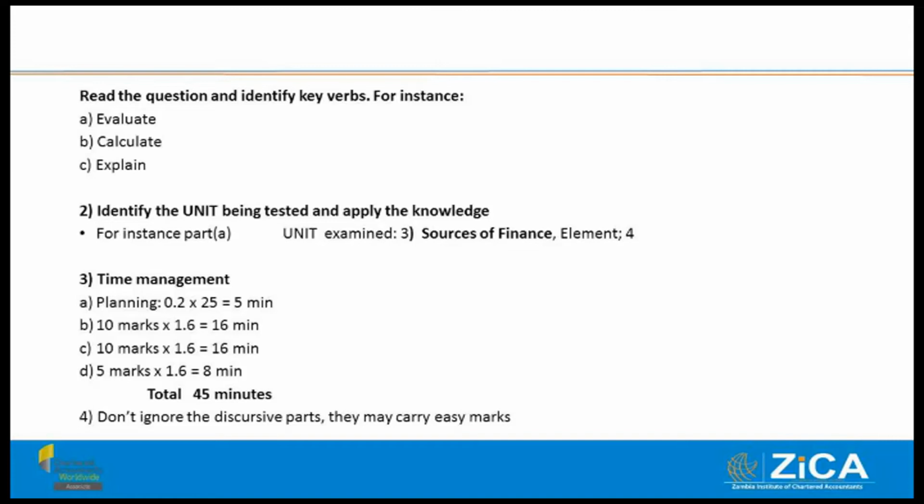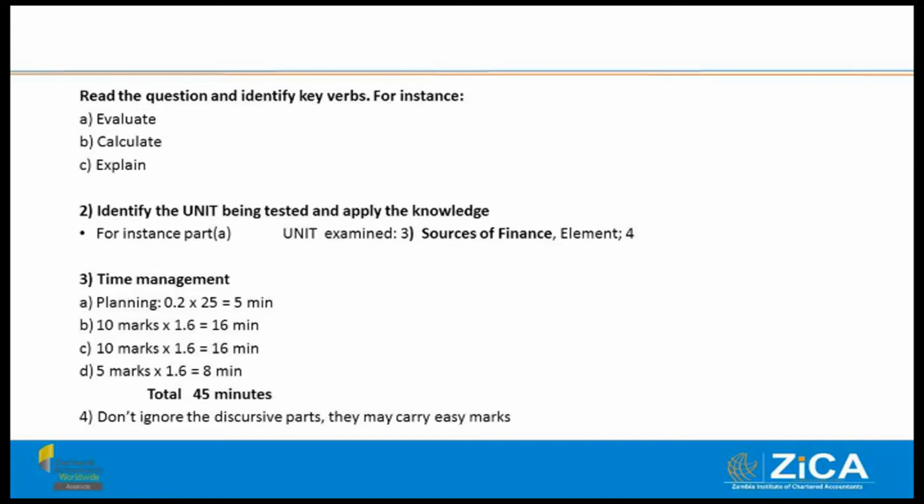Part C as well carried 10 marks, so that is 1.6 times 10, 16 minutes. And the last part carried 5 marks, so 1.6 times 5, that's 8 minutes. So the total should come up to 45 minutes. This is a rough guide that's generally used in the revision kits for assigning time to the questions. Having done that, you can now look at the detailed question.